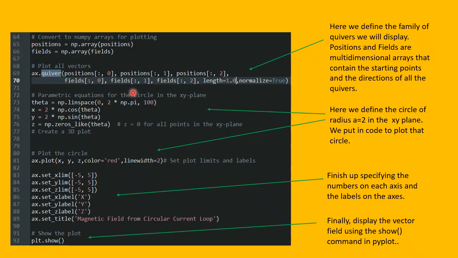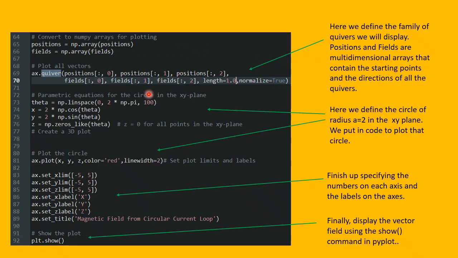So anyhow, we have that quiver statement, and we're going to let the length be 1.0, and normalize being true says that we're going to let all of the vectors have the same length. We could have normalize equals false here, and in our final rendering of the vector field, you'll see that some arrows are extremely short, others could be quite long.